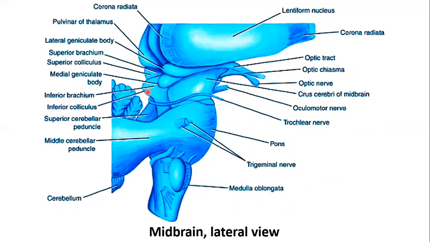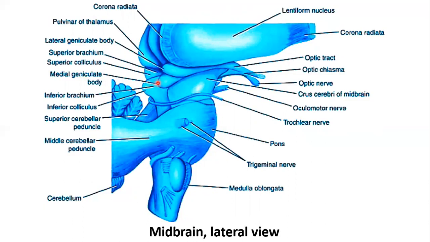This inferior colliculus is connected via this inferior brachium to the medial geniculate body. So these are the three structures: the inferior colliculus, then the inferior brachium, and going into the medial geniculate body.